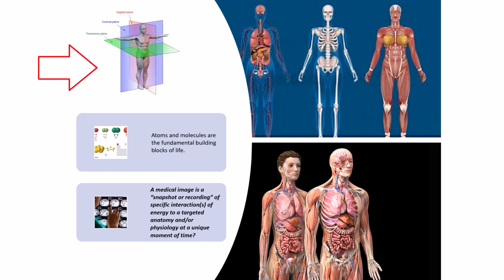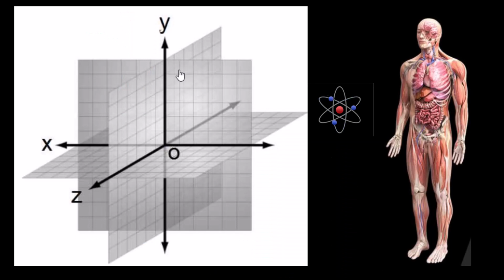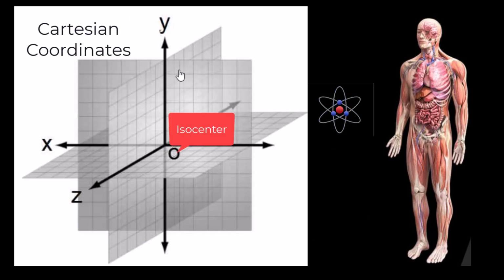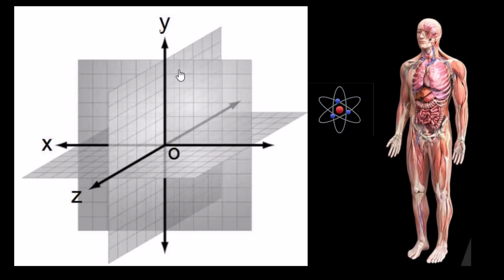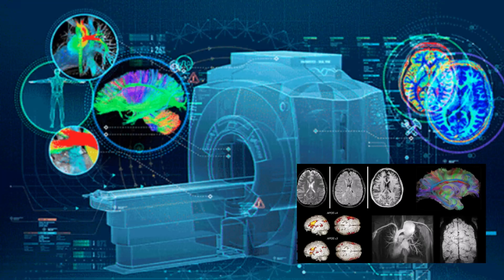Humans are composed of atoms, and we are three-dimensional creatures, so we need to record the atoms in all dimensions. To do this, we must capture, store, and recreate the data in all three dimensions: axial, sagittal, and coronal. This is called the Cartesian coordinate system. The stored image data can be used to create different types of images.